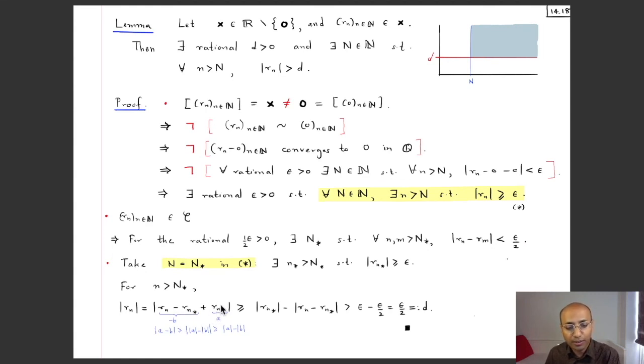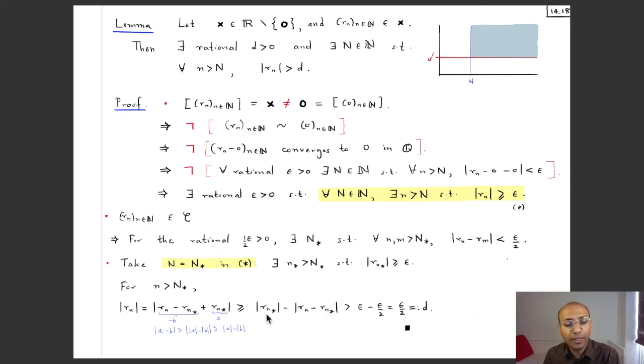So think of this as the A and this as minus B. Then we know from the reverse triangle inequality that mod of A minus B is bigger than or equal to mod of mod A minus mod B, and that's furthermore bigger than or equal to the thing without the mod sign, so mod A minus mod B. Now A is Rn star, so you just get mod Rn star, and mod of this minus B is the same as the mod of B, and so you can just put mod of Rn minus Rn star.